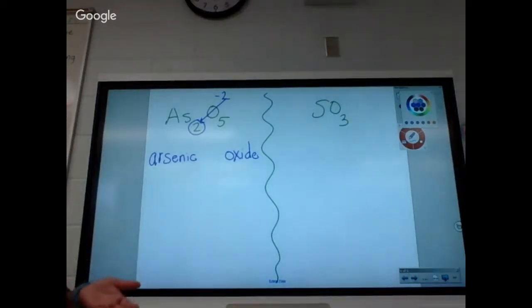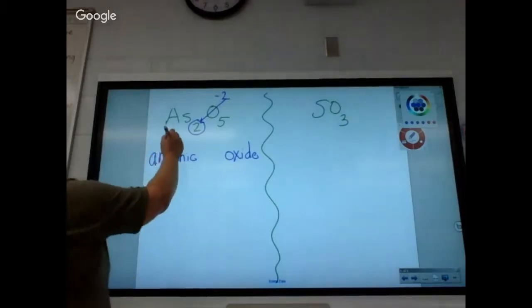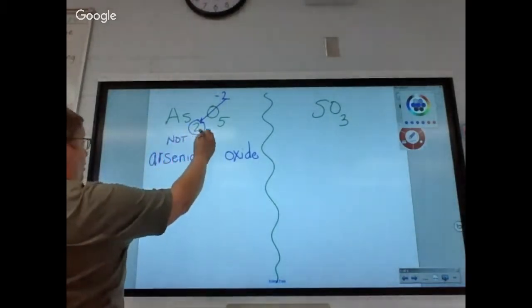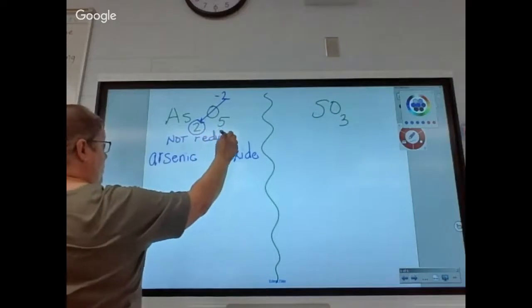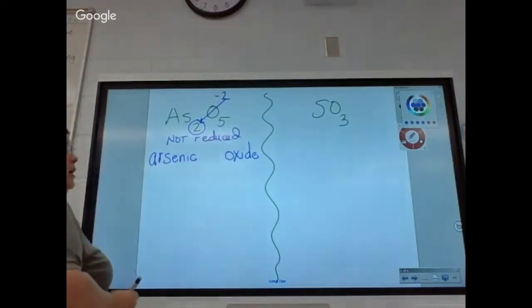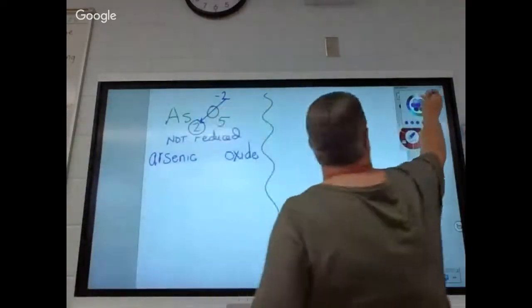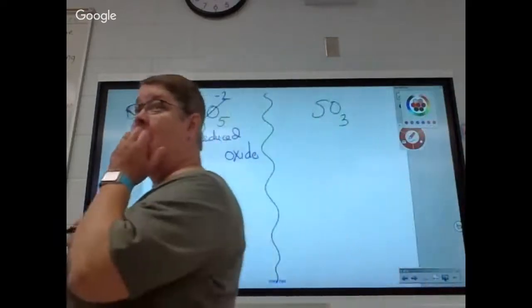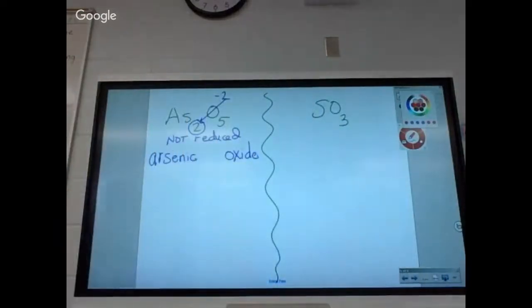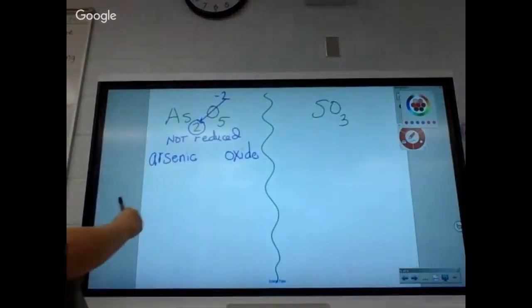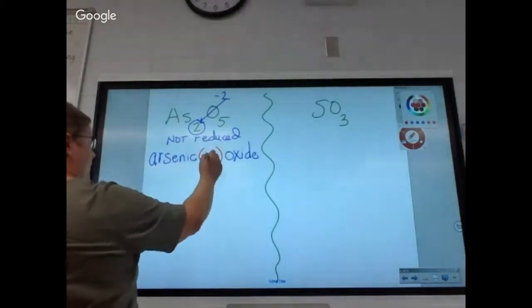No, the 2 is still there. So was it reduced? No, this is one that was not reduced. So what number came from the arsenic? So we write Roman numeral 5.